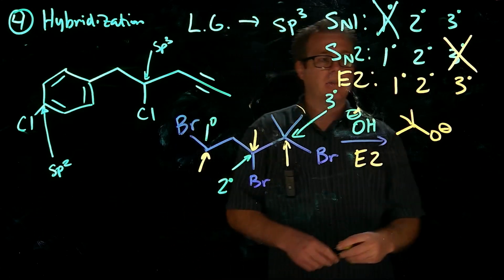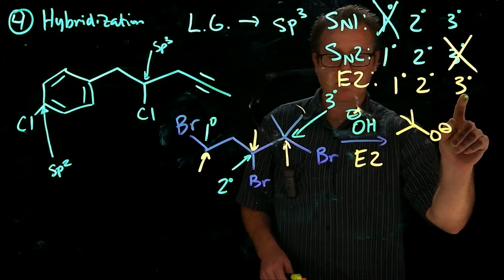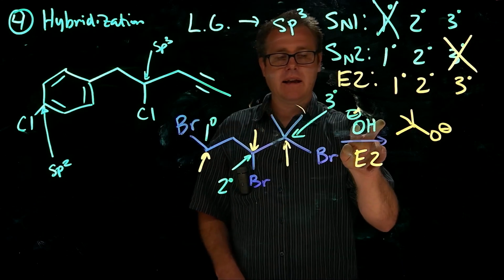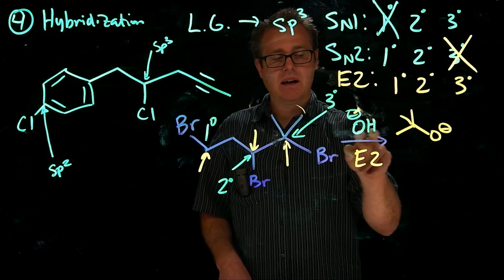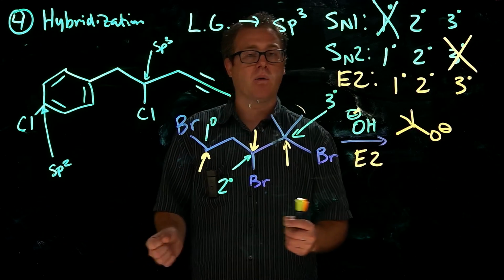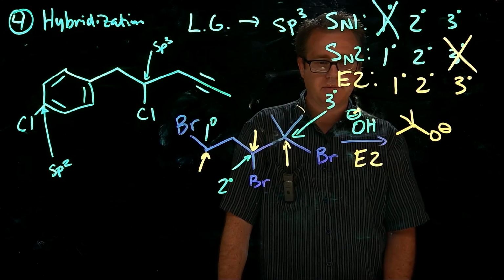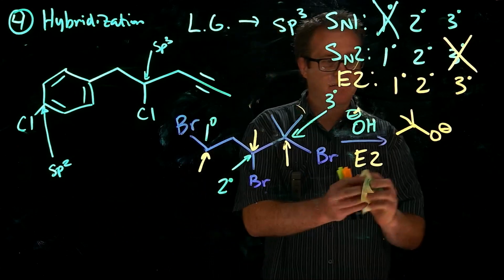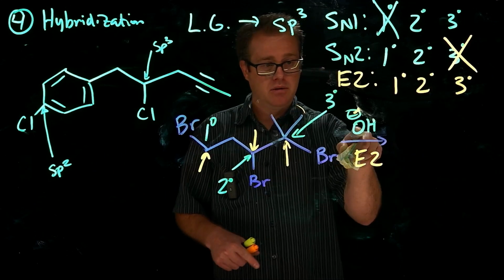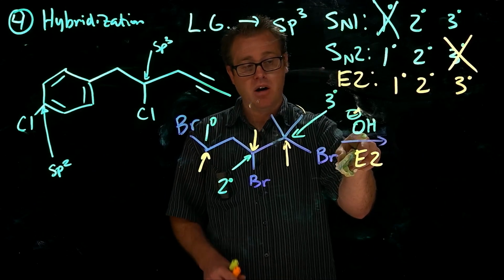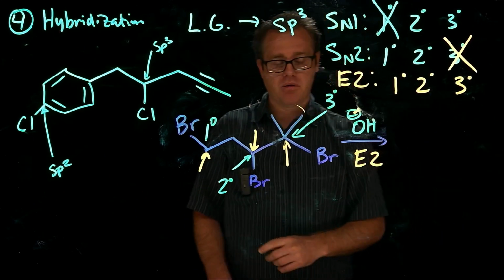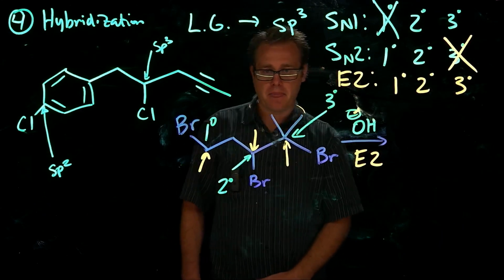So for this E2 right here, you have to really look at the base to see what kind of base it is, if it's a small, strong base or a strong, bulky base. But if we just looked at this particular scenario, a strong, small base without steric bulk, it will do all three.